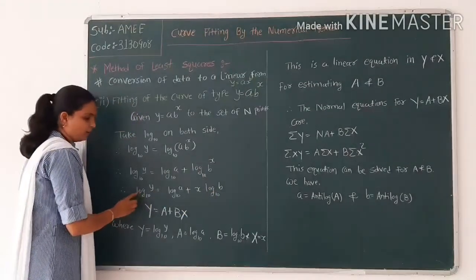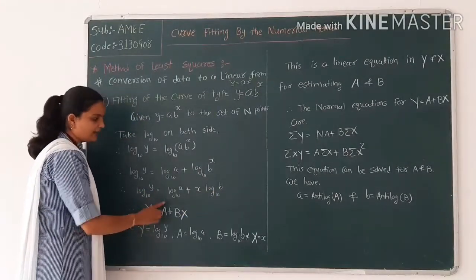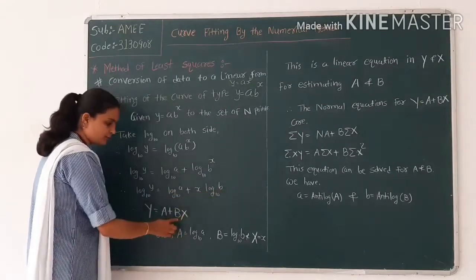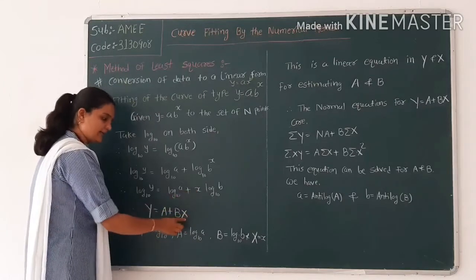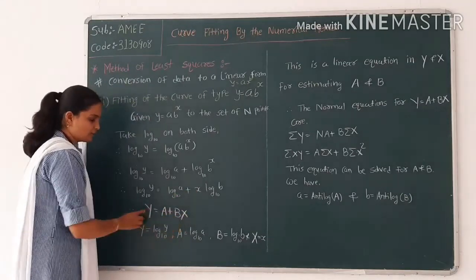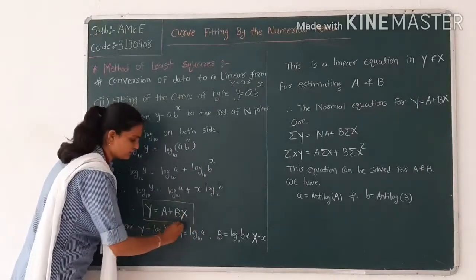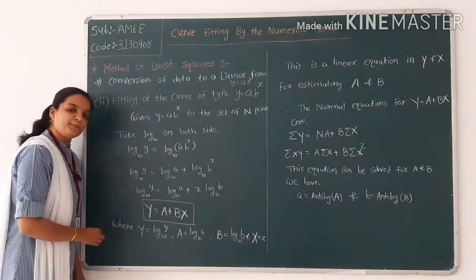Now take log y equals capital Y, log a equals capital A, log b equals capital B, and small x equals capital X. So we have the equation capital Y equals A plus BX.